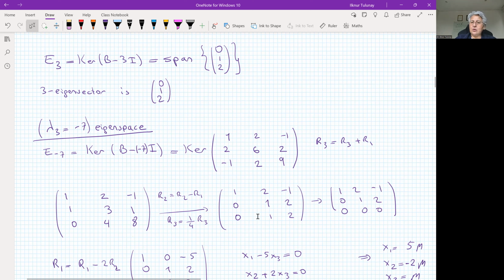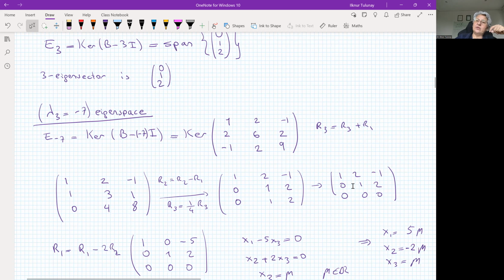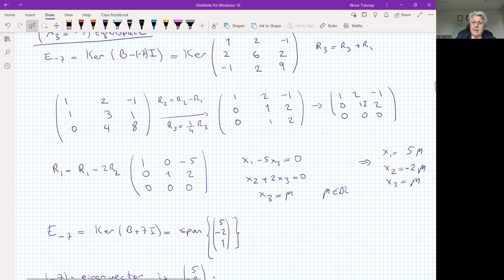Since we have two same rows, one of them will be 0, 0, 0. So let's make the last row 0. If we multiply this by minus 2 and add this up, this position will be 0. It will simplify our calculation. So that is 0. We multiply this by minus 2, so that is minus 4. Minus 1 will be minus 5.